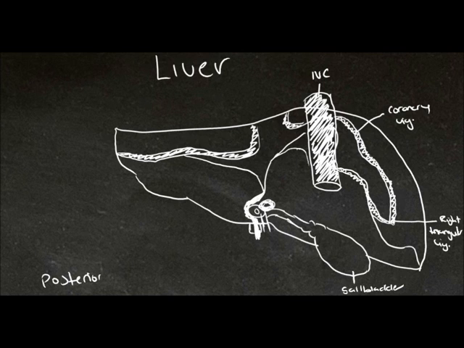And over here is the left triangular ligament. And like the coronary ligament, they're attaching the superior surface to the right dome and the central tendon of the diaphragm. On the back here we have a fissure, and within that fissure is ligamentum teres.